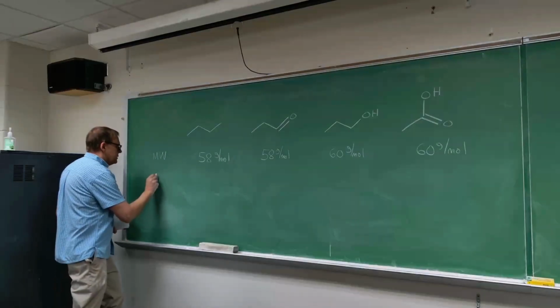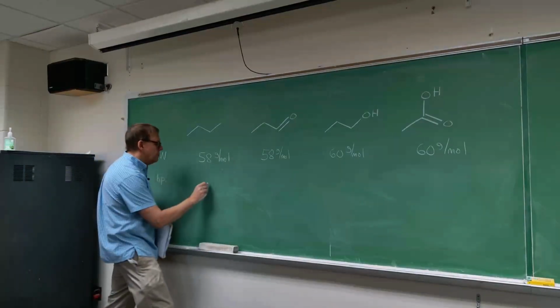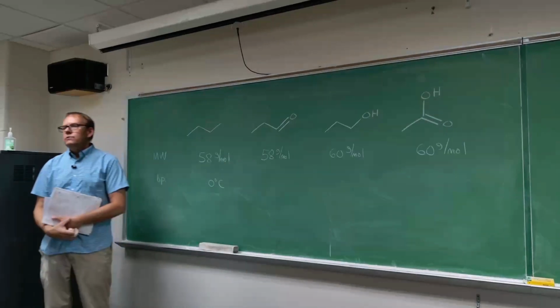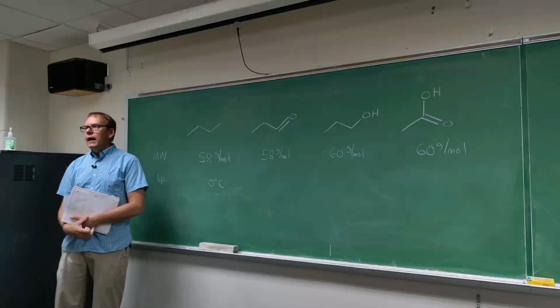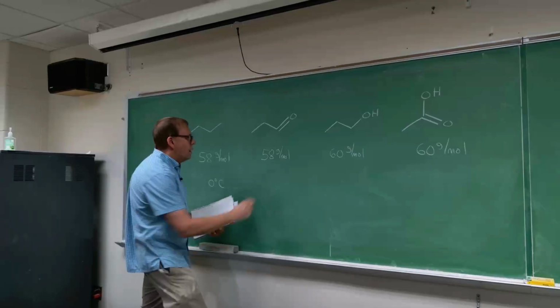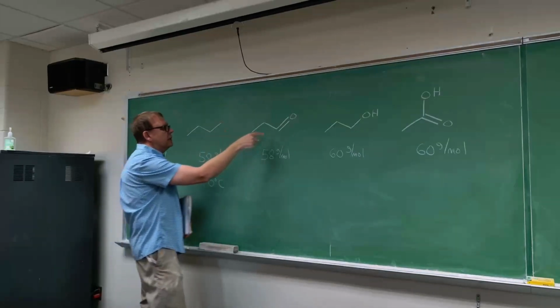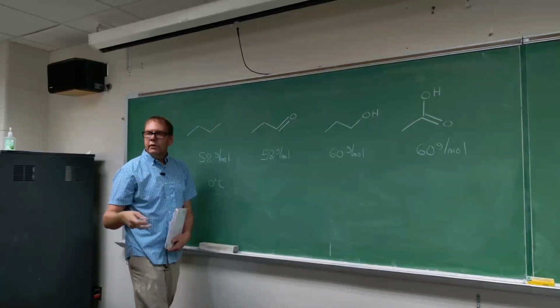Let's look at boiling points. Butane has a boiling point of 0 degrees C, which is why it's good to use for lighters. It pretty much wants to be a gas at room temperature. If you change one of the atoms to an oxygen like this, this oxygen enables dipole-dipole interactions.